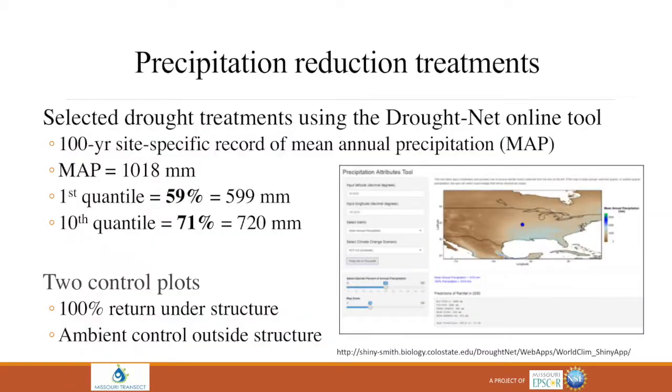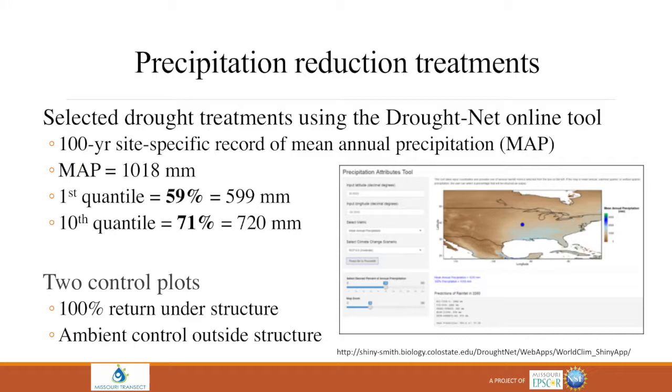For the precipitation reduction treatment, we used the DroughtNet online tool to calculate the first quantile and 10th quantile of the last 100 years in annual precipitation. At this particular location, it's 59% and 71% precipitation return.